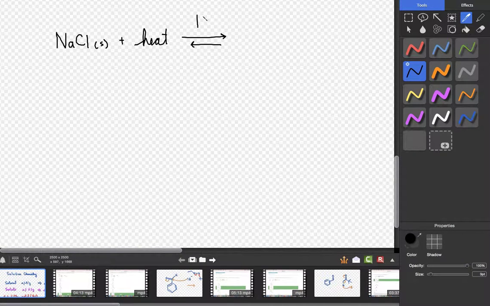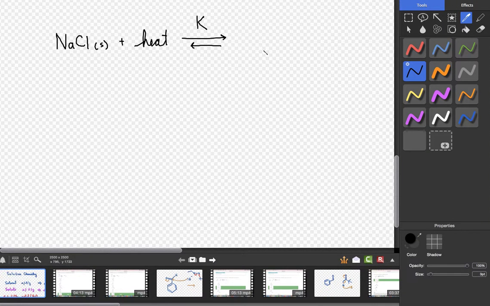And of course, there's going to be an equilibrium constant, K, and I will solvate aqueous sodium ion and aqueous chloride ion. And of course, water is going to be the minor constituent of all this. So remember that a solute is the minority component of the solution, whereas the solvent is the majority component of the solution.